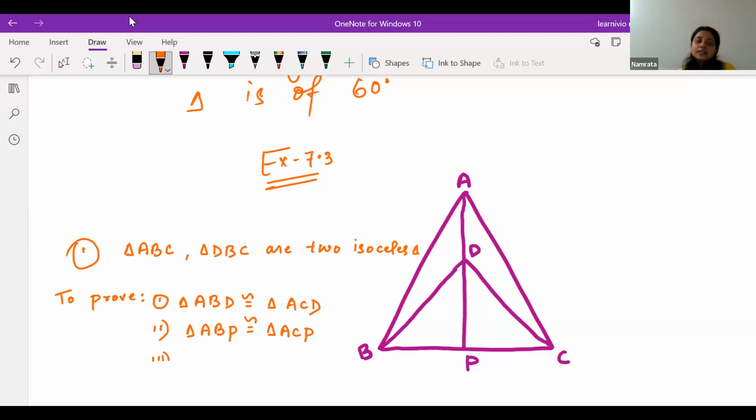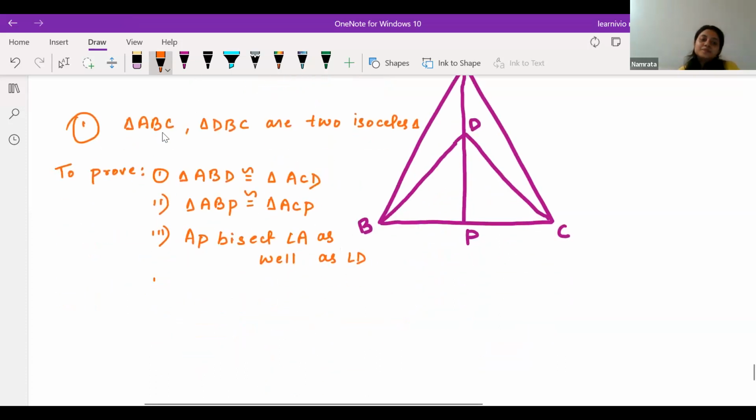After that, the third part says AP bisects angle A as well as angle D. And the fourth part says to prove that AP is the perpendicular bisector of BC.